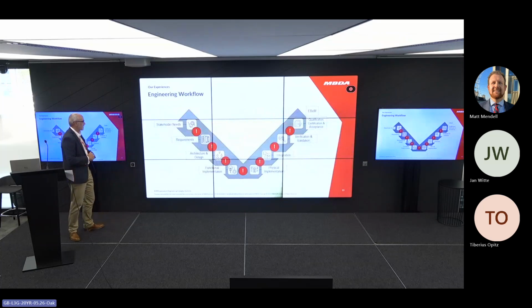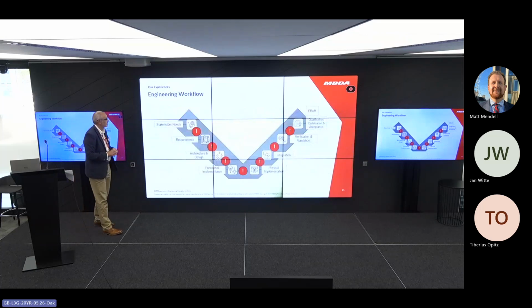So I'll just take you back to Mark's V diagram. As Mark indicated, there's a number of stovepipes. At the front end, you've got the stakeholder needs. Certain parts of the business engage with the customer, but we as engineers can't, for example. As architects, we're breaking that barrier down.